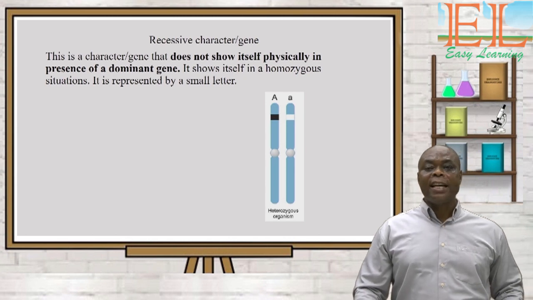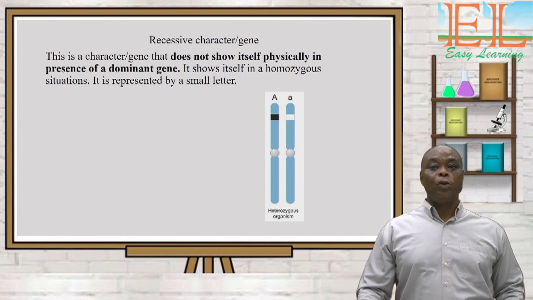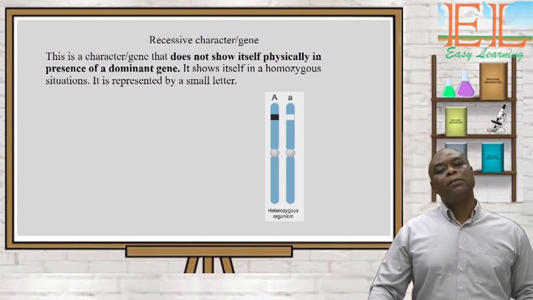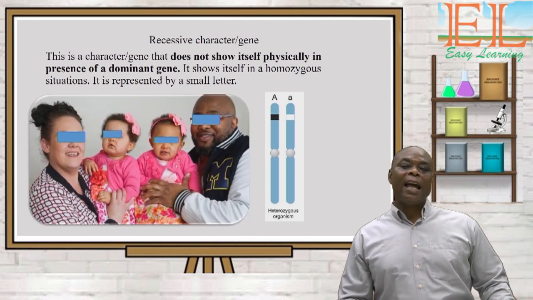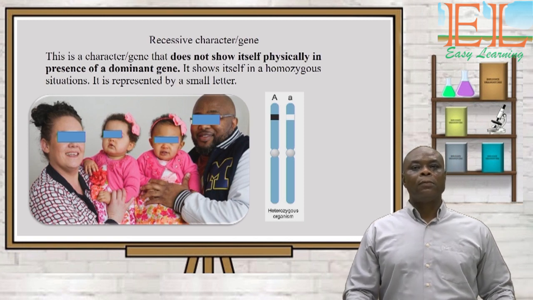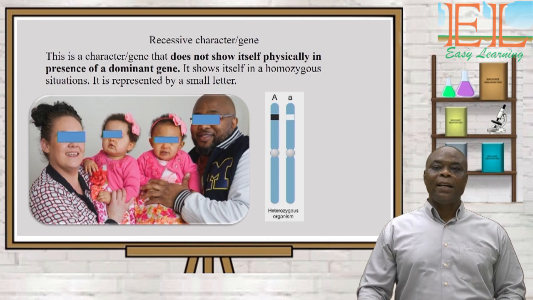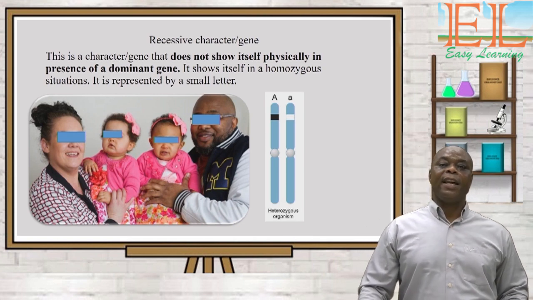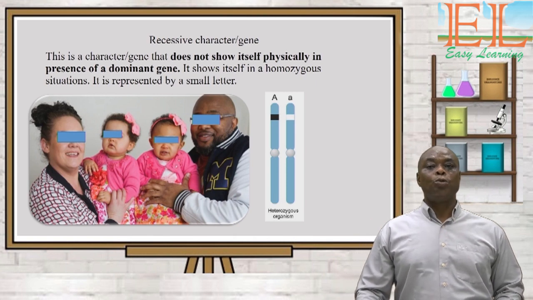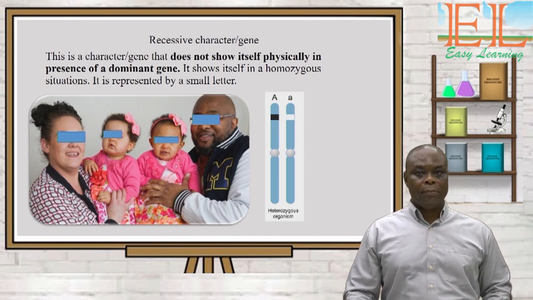Hence, the shortness, which is the white, is recessive, though it is present. Again, in the family, the black man and the fair woman gave birth to the twins. One of the twins, who is black, is recessive to the fair skin color, and the one who is fair is recessive to the black skin color.